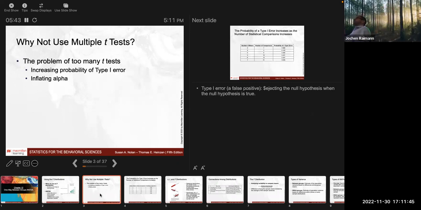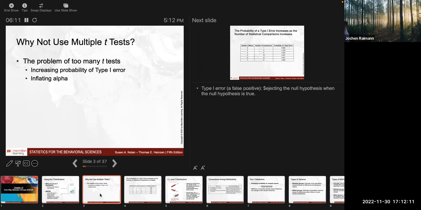Think about it. With every hypothesis test, you have a type 1 error. You have a possibility that you're rejecting the null hypothesis that these two groups are not different, but you're rejecting something that you shouldn't have rejected, because they're actually identical, they're similar. So this type 1 error, we are usually setting at 5%.